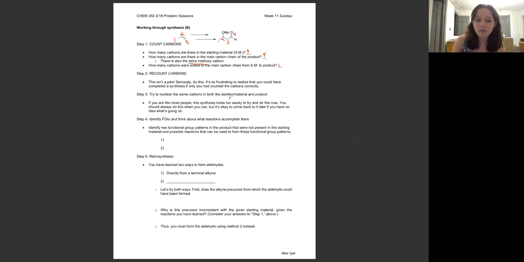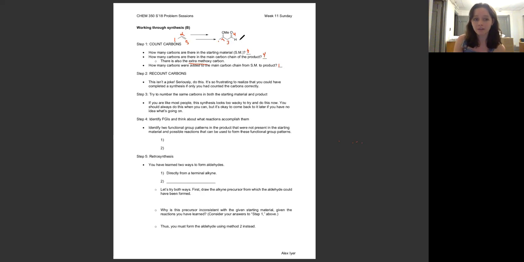Now we want to try to number the same carbons in both the starting material and the product. This is a little tricky because, how do you recognize these things? And it's okay to have no idea what's going on with this. Even if we can't necessarily look at a starting material and product and say this carbon goes here, this carbon goes there, we want to say, well, I'm working with carbon 4 right now.